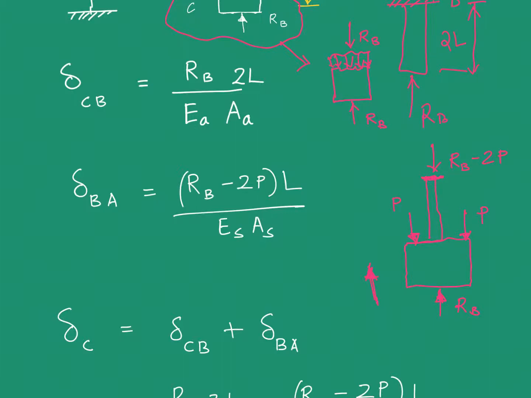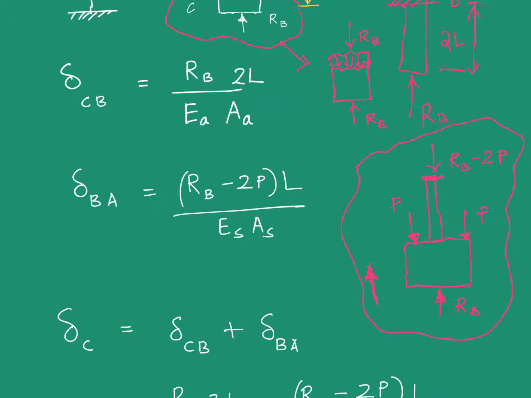Why? Because if this force is RB minus 2P, then if you add up all the forces in the y direction, you will get 0, which is a necessary condition, isn't it? This thing is not accelerating, this is not moving, this is at static equilibrium.